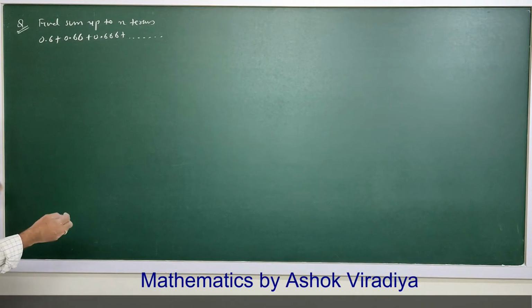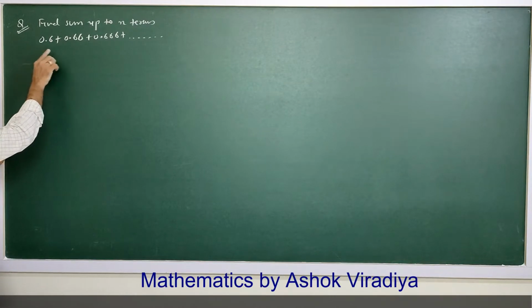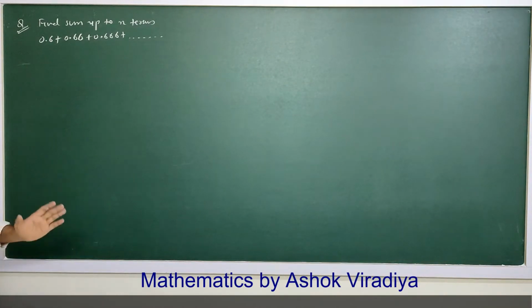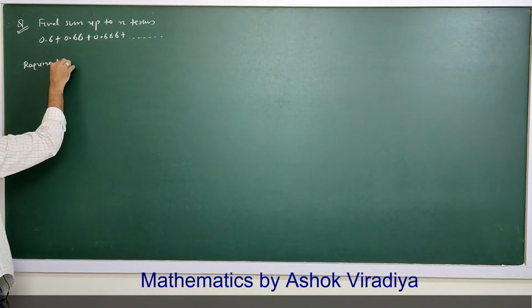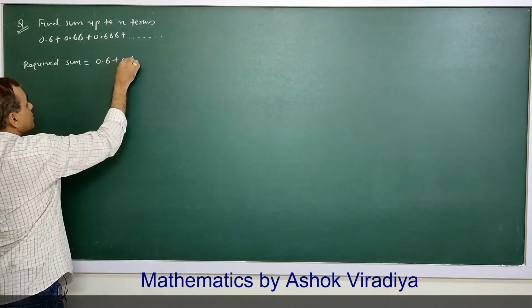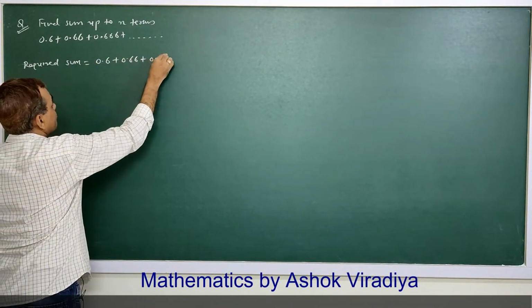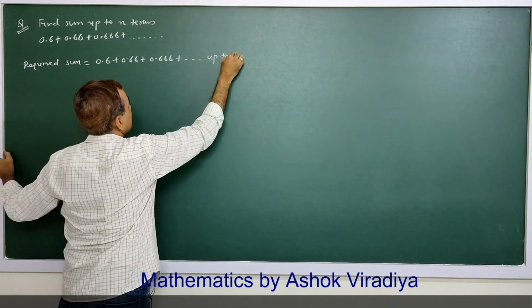So in such type of series, what we do? First of all, from all these numbers I am taking 6 common. Here the required sum is 0.6, 0.66, 0.666 up to n terms.